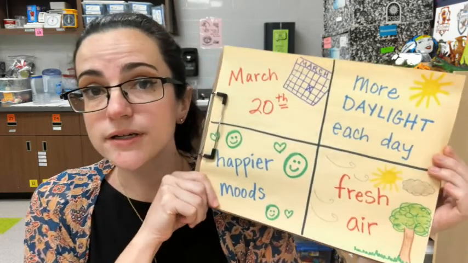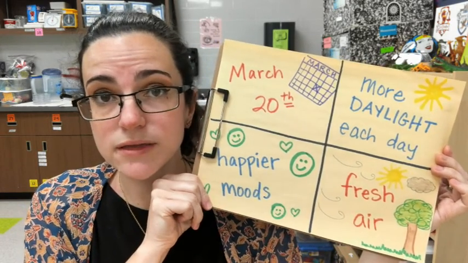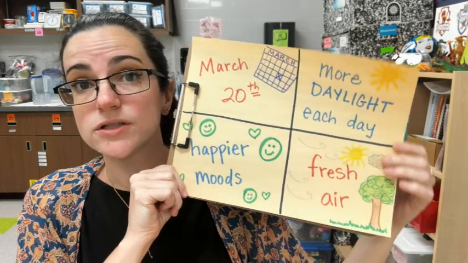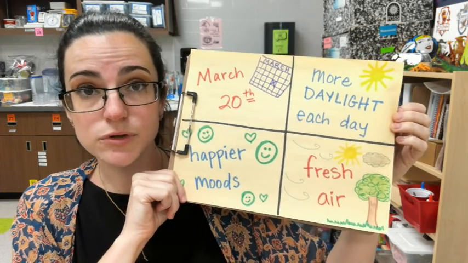Here we go. So when we talk about the season of spring here in the northern hemisphere, spring actually begins on March 20th. This was just a few days ago that we started to jump into the season of spring.